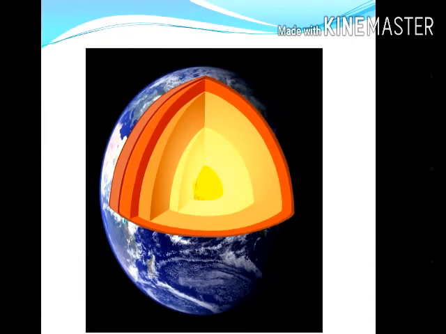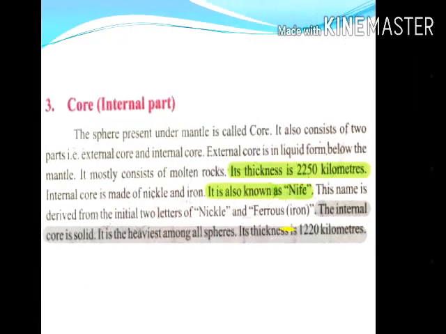Means this glittery portion has iron. Actually, ferrous is the scientific or chemical name of iron. The internal core is solid. It is the heaviest among all the spheres and its thickness is about 1220 kilometers.